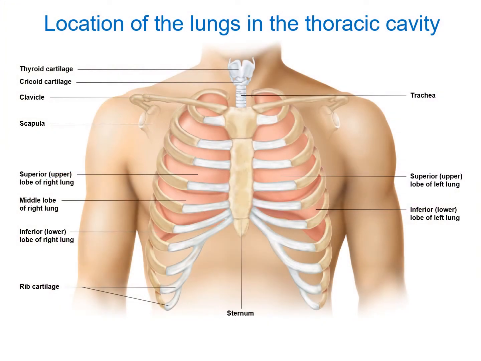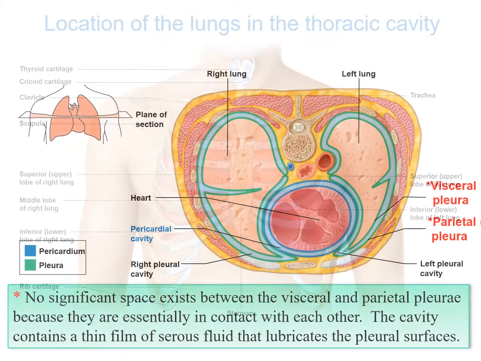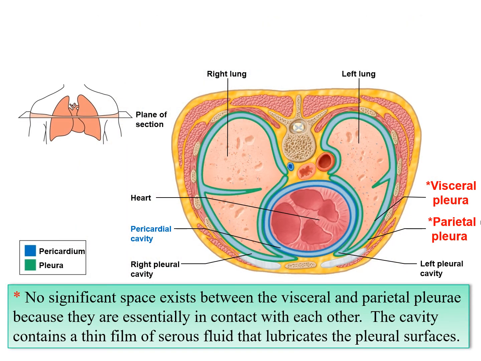So we're looking now, of course, at the ribs, the sternum, the fact that this is protecting, isn't it, our lungs. This is a transverse section through the thoracic cavity.